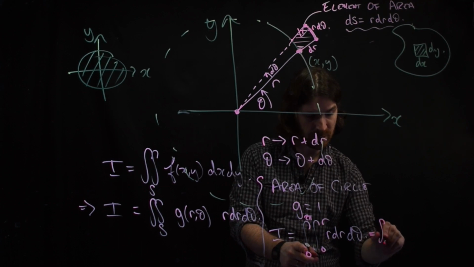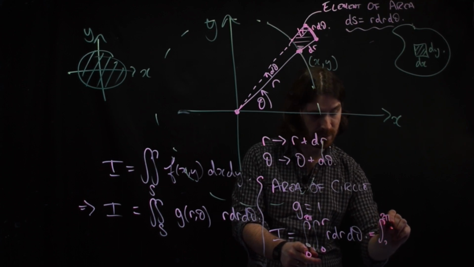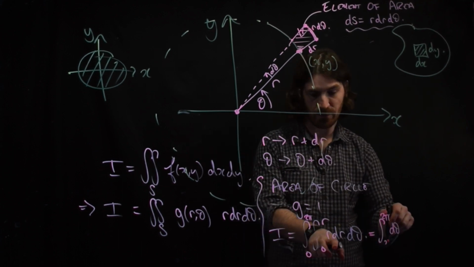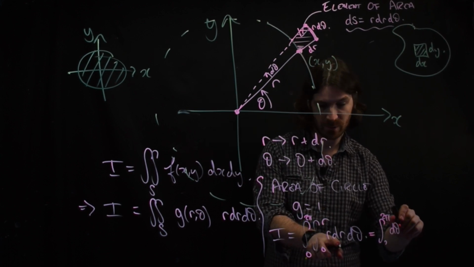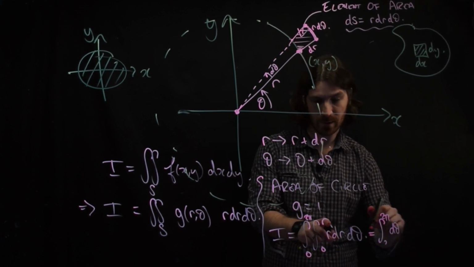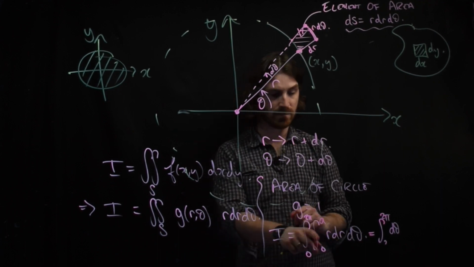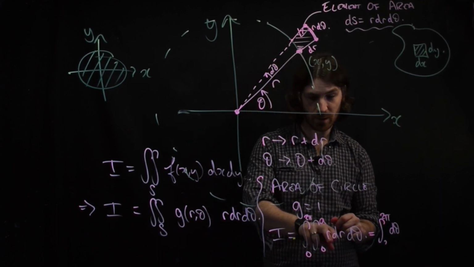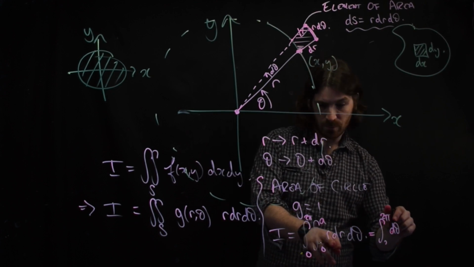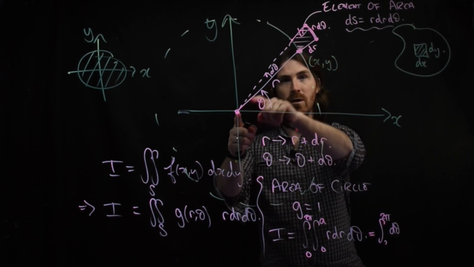So we've got the integral from 0 to 2 pi d theta of the integral of r dr between 0 and r. Let's call the radius a, just to remove confusion between the r's. So we go from r equals 0 out to r equals a.